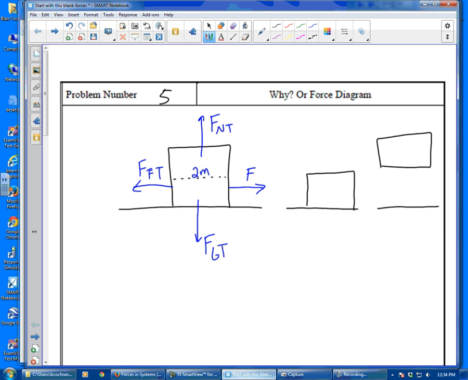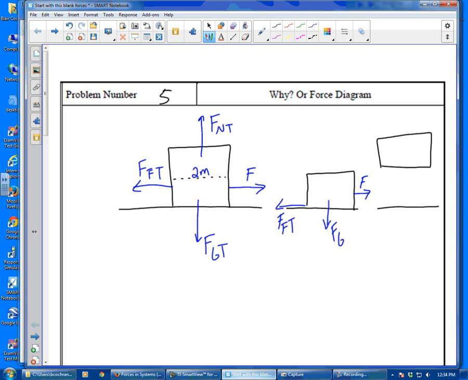On the bottom block, I have that force F. I have this total frictional force. I have the weight of the block, which we'll call just Fg.